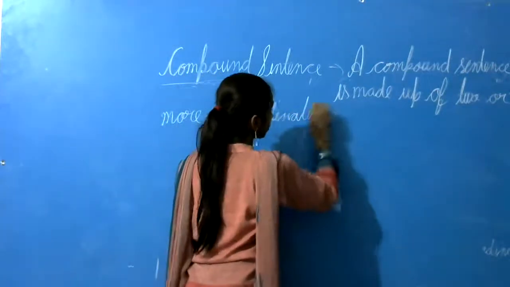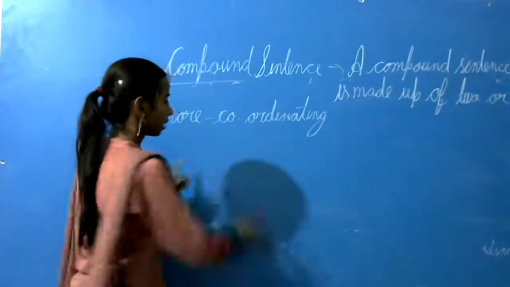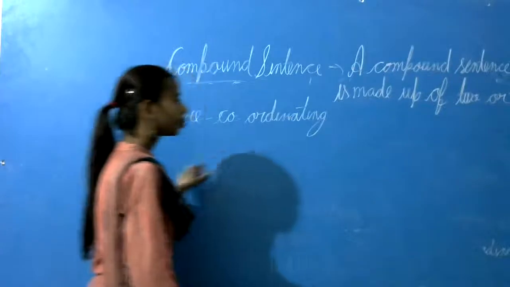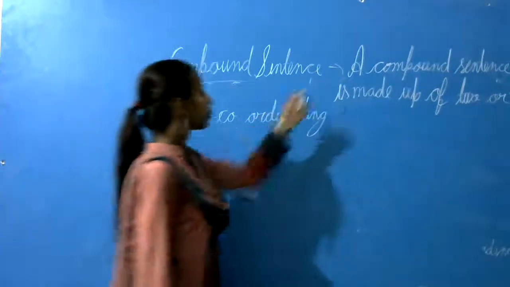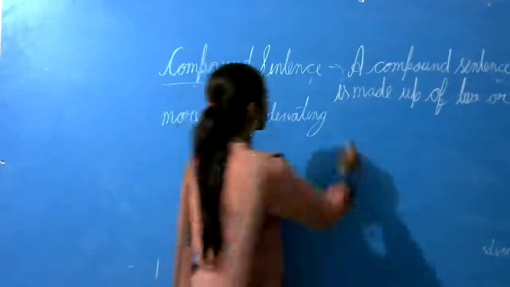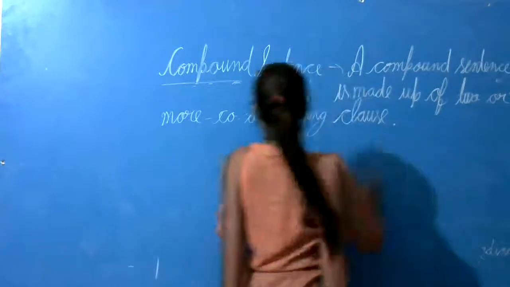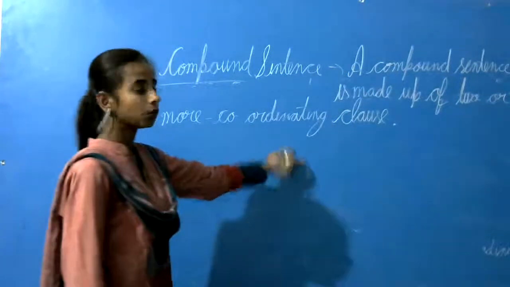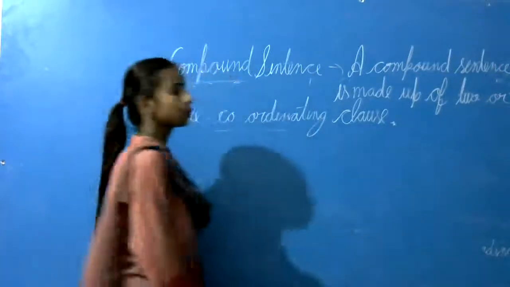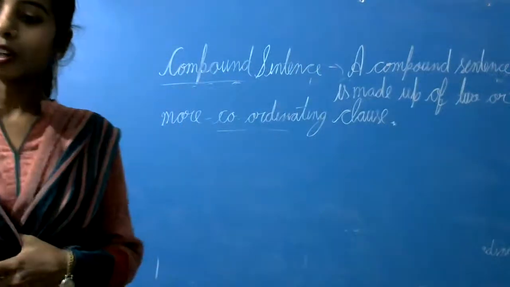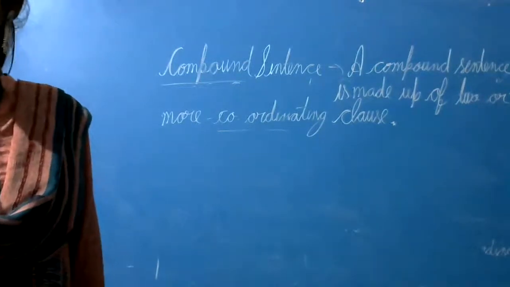Coordinating clause means both clauses are of equal rank, they are not dependent. Means आपको एक सेंटेंस में दो उपवाक्य मिलेंगे जो एक दूसरे पर निर्भर नहीं होंगे, they will be of equal rank. Okay, Anushka? A compound sentence is made up of two or more coordinating clauses. We can say coordinating clause, independent clause. Note it down if you want.